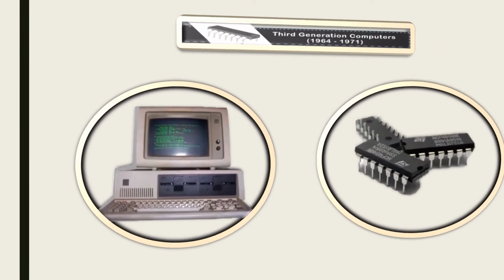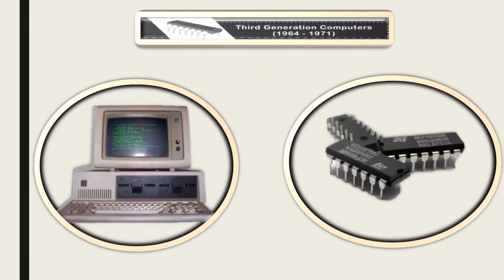Next is third generation. The period of third generation was from 1965 to 1971. Some computers of this generation were IBM 360 series, Honeywell 6000 series, PDP personal data processor.